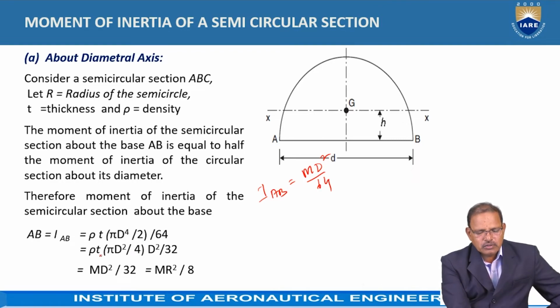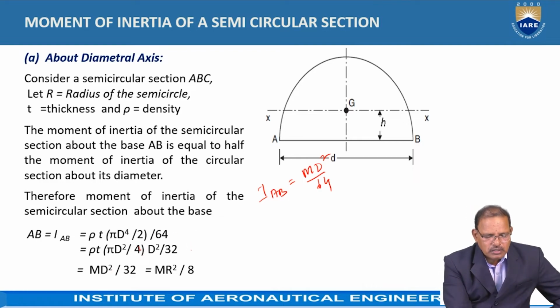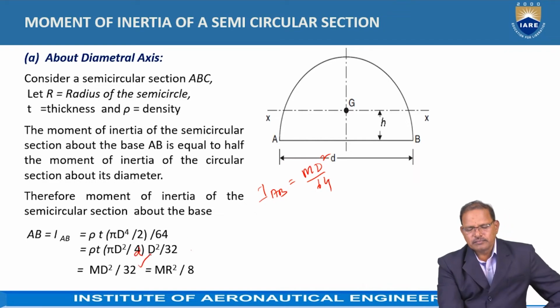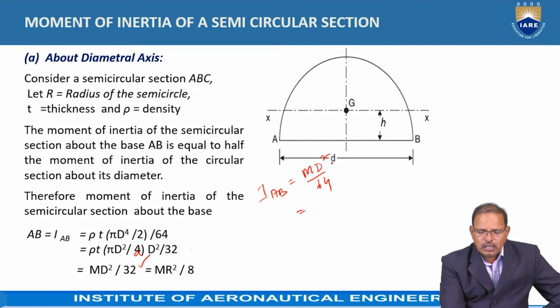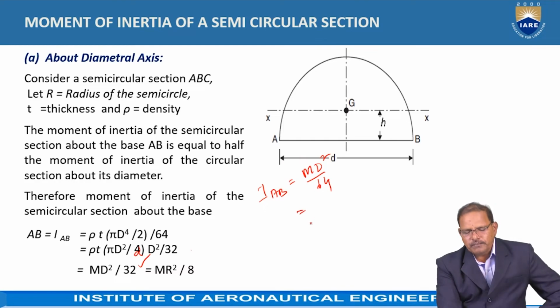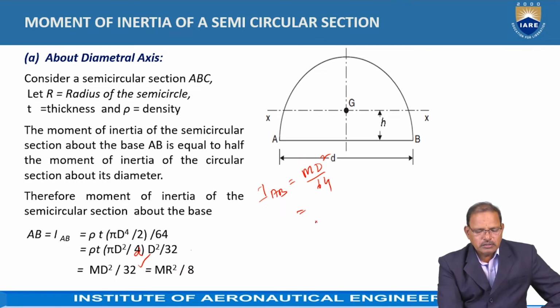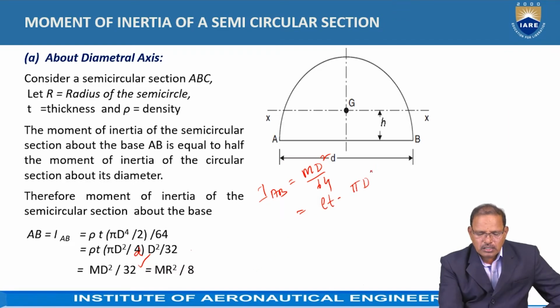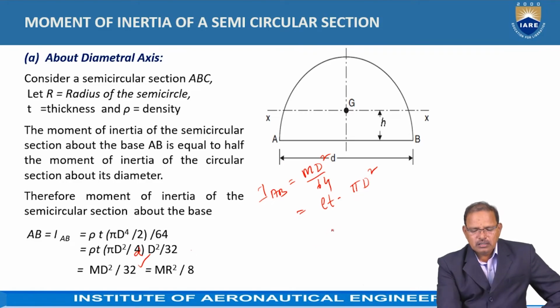Here, which is equal to rho T into pi d square by 4 into d square by 32, which is equal to M d square by 32. Here M is representing the mass of the element. The mass is equal to rho T into area, which is equal to pi d square by 4.